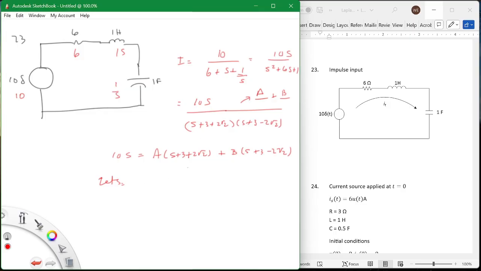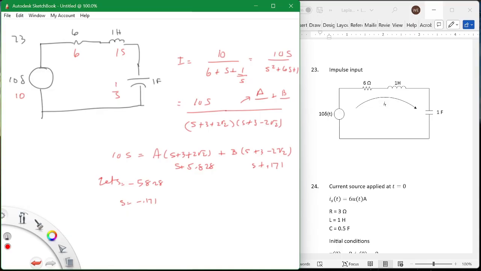And I'm just going to say this is s plus 5.828, and 3 minus 2 square root of 2 equals 0.171, so s plus 0.171. So let s equal minus 5.828, let s equal minus 0.171, and I'm in. Don't mess around with those other numbers.